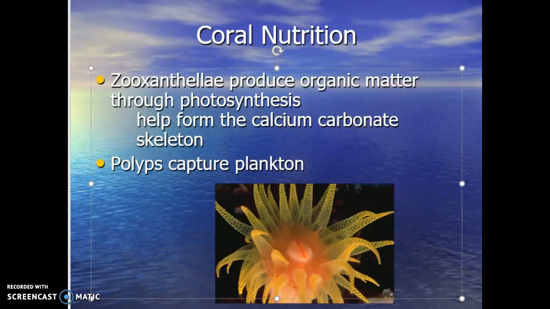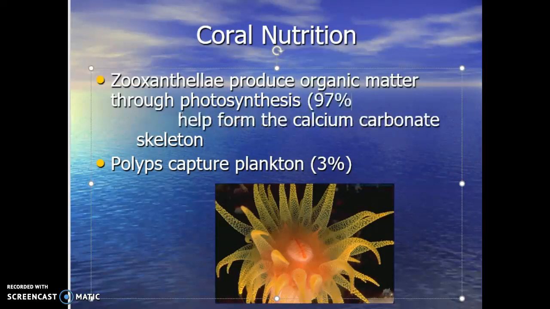They grab whatever they can get a hold of with those little stinging tentacles, the cnidocytes and the nematocysts. That's where they're getting their energy. Now, energy distribution: about 3% of the energy for the coral comes from their polyps. The photosynthesis, about 97%. So you don't do well if you don't have zooxanthellae when you're a coral.